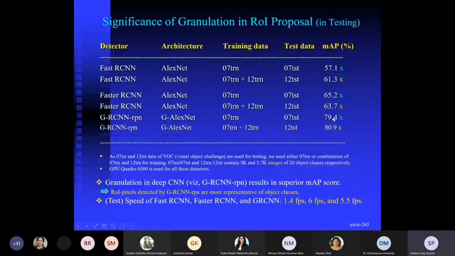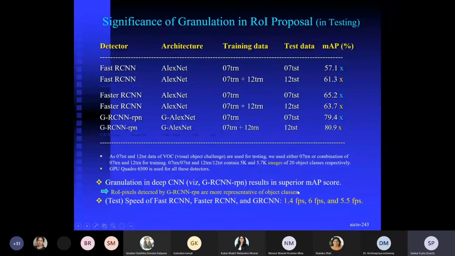Similarly, faster RCNN, GRPN. So granulation in deep CNN, that means granulation in RPN, results in a superior mAP score. That means RoI pixels detected by GRCNN are more representative of the object cases.